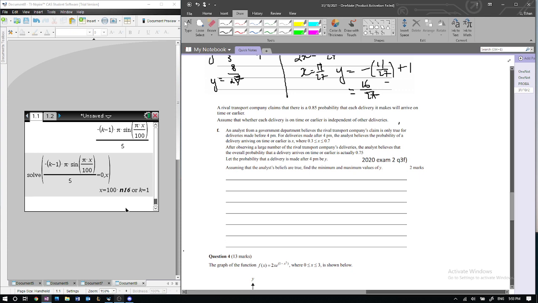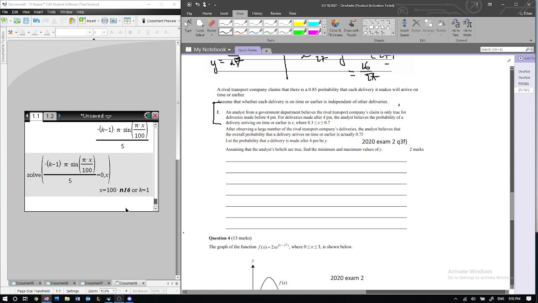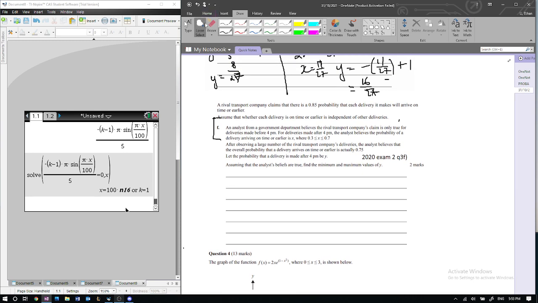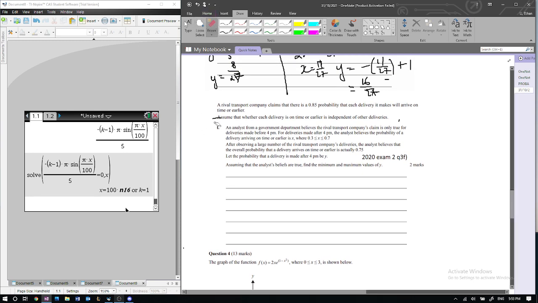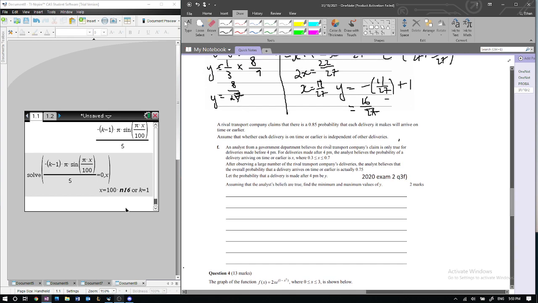So, an analyst from the government believes that the rival transport company's claim is only true for deliveries made. Also make sure you read this bit above. So, for deliveries made after 4 p.m., the analyst believes that the probability of delivery arriving on time or earlier is x. It wants us to set out a couple of statements.